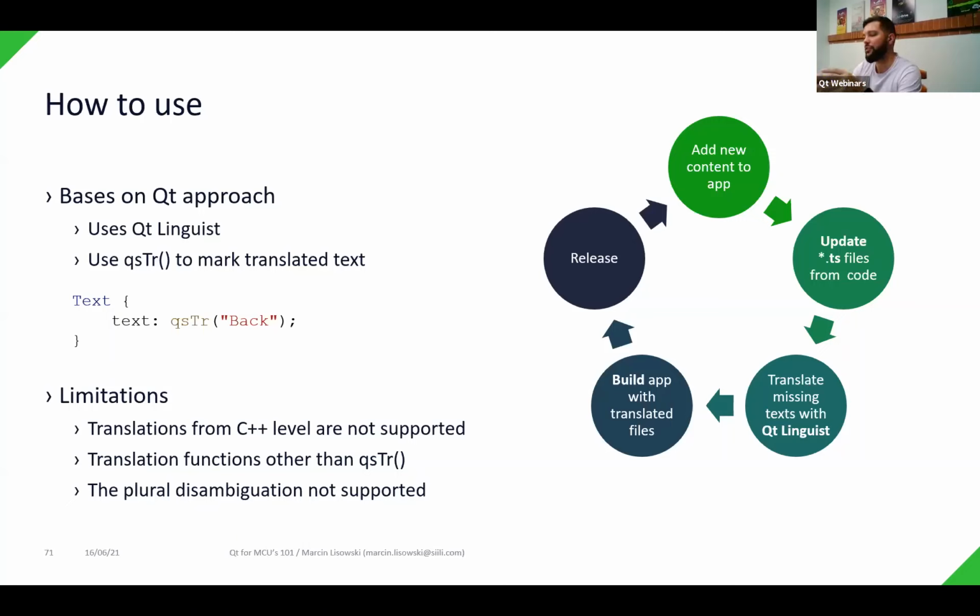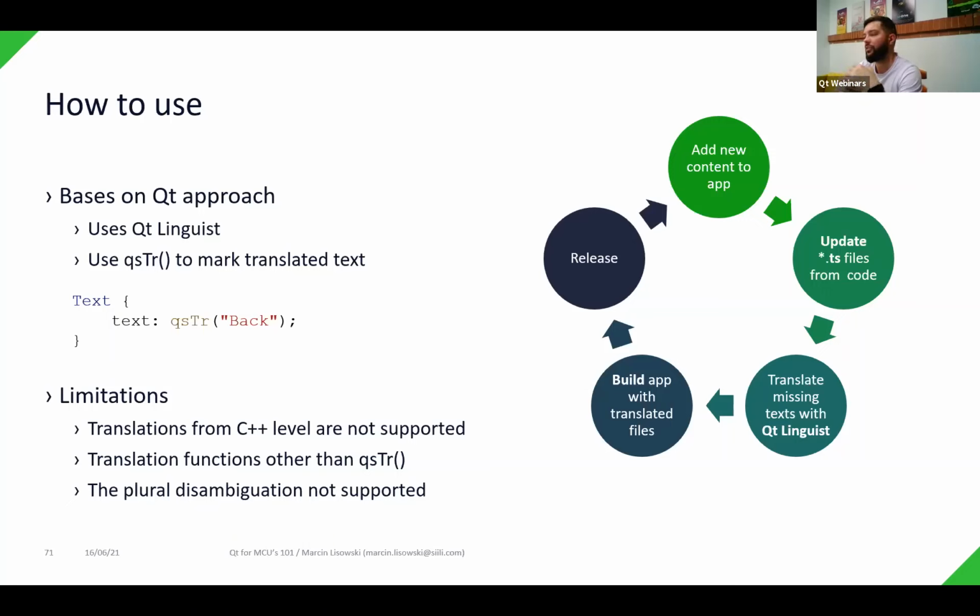Then during the compilation process, the Qt Linguist tool goes through all your QML files and looks for QSTR occurrences. By detecting those, it creates the translation files with an XML structure to fill your translations there based on that QSTR content.